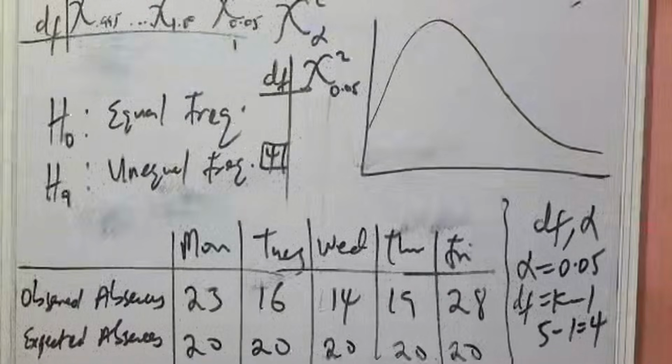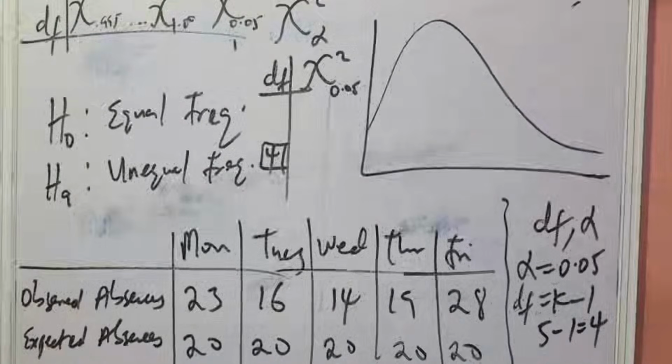Somebody said 14.860. Is that correct? Can anybody check for something else? Okay, the person has retracted his answer. Somebody said 9.488.